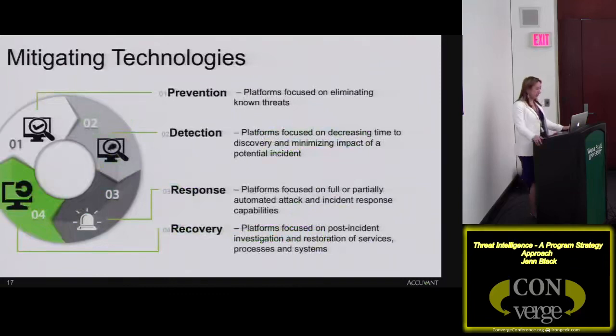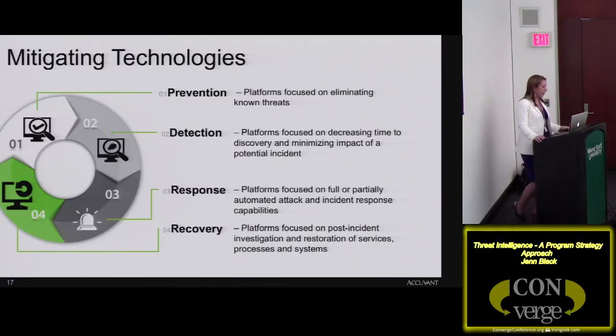And then there's the mitigating technologies: prevent, detect, respond, and recover. Prevention is where a lot of your network stuff lives. There's a split between prevention and detection right now. If the product detects patterns but not anomalies, we considered it prevention. Detection, those were the solutions that don't even claim they're going to stop anything.